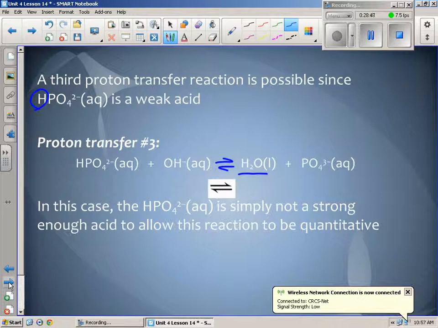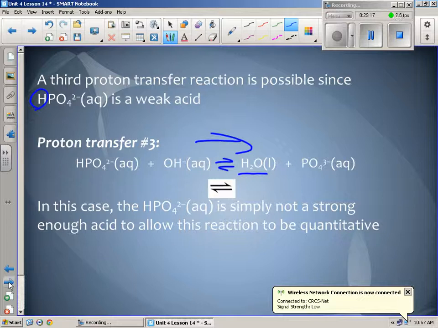You know that it has only 2 distinct endpoints. If there were 3 distinct endpoints, then that would be a single arrow. You would know that that totally turns into that. But because that acid is so weak, it doesn't have the ability to change into those products. It can't completely react. So in this case, the HPO4 2 minus is just simply not strong enough for this reaction to be quantitative.